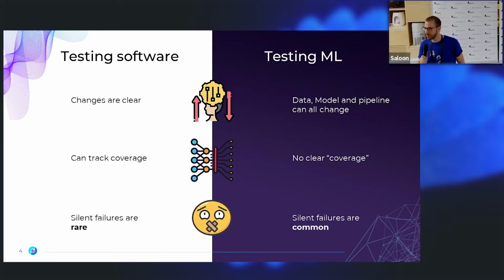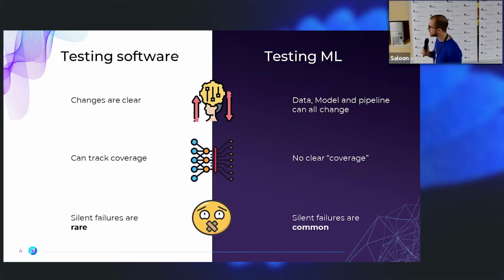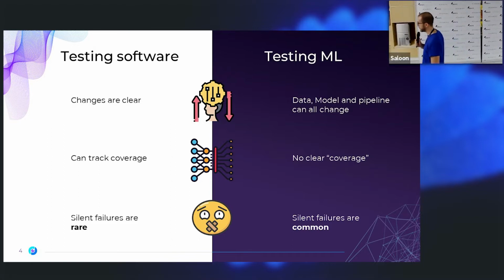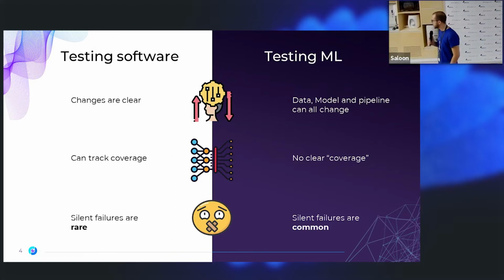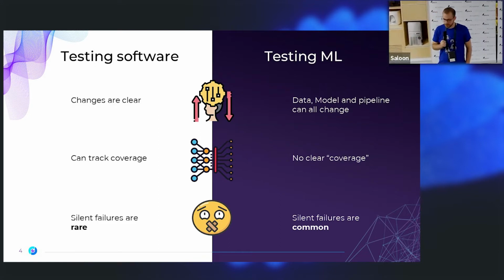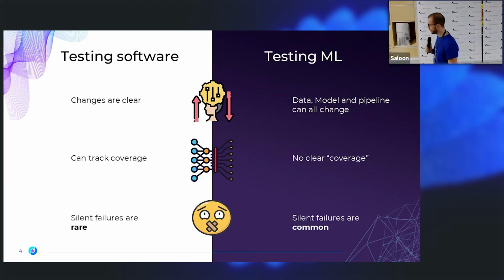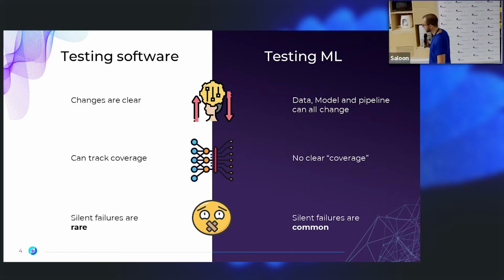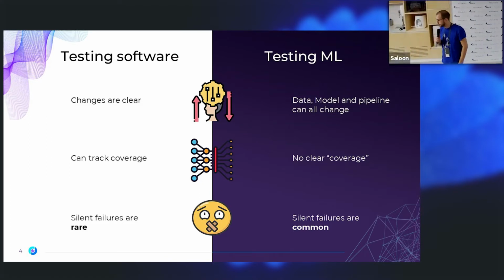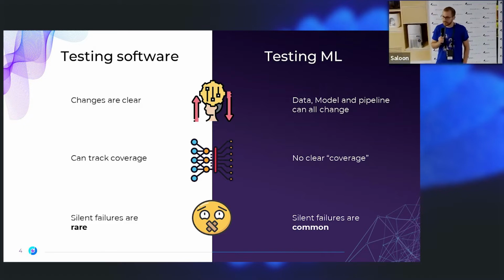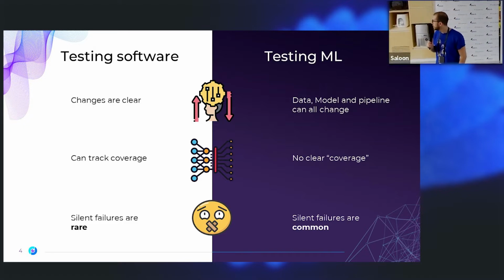We are exposed to more risk of parts changing in our system without us being able or even aware that they changed. Second point is in code, it's pretty easy to define coverage. You build some tests, you know that you're running all your lines, so you know you're covered for most cases. Of course, you can still have bugs, but it's measurable, it's traceable.